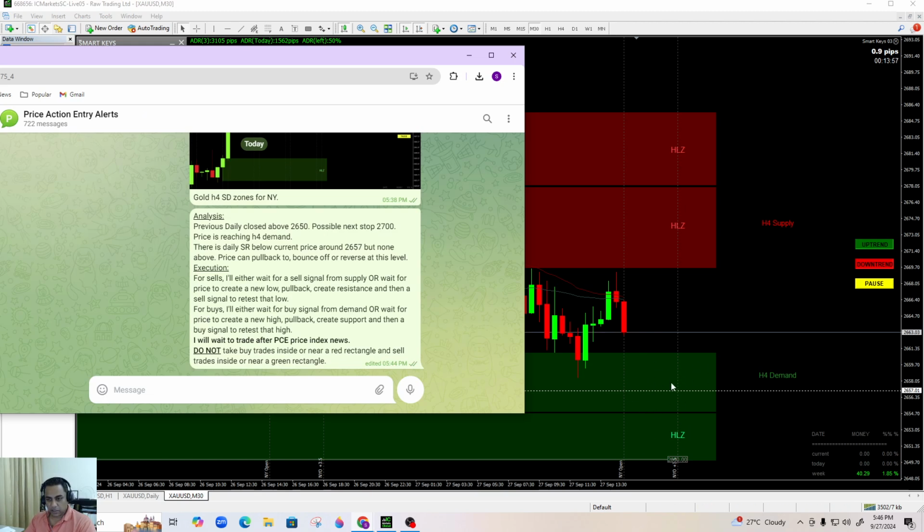So demand is this green box, ideally lower down here. You wait for a buy signal lower down to go up, or you wait for price to create a new high. So it comes here, probably creates support, goes up, makes a new high, pulls back, creates M30 support, and with that M30 support, look for a buy signal to retest the new high it created.